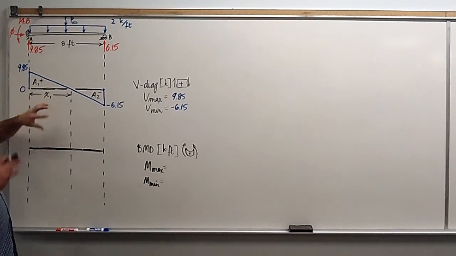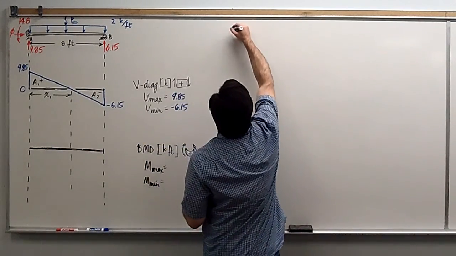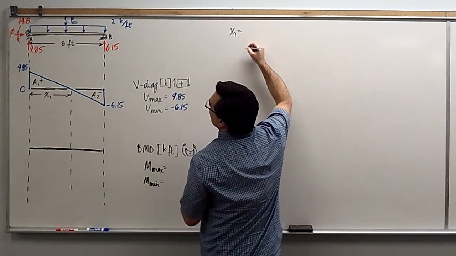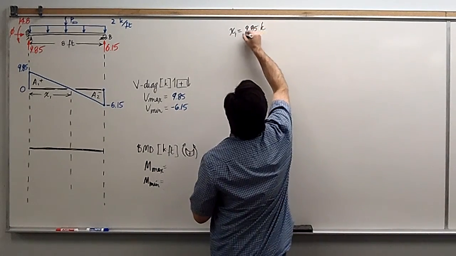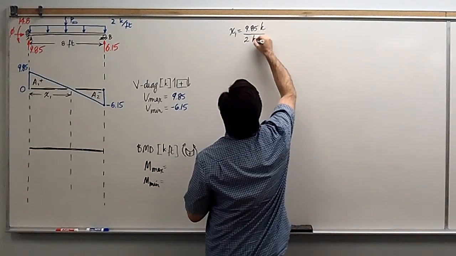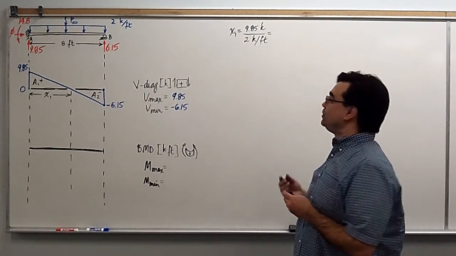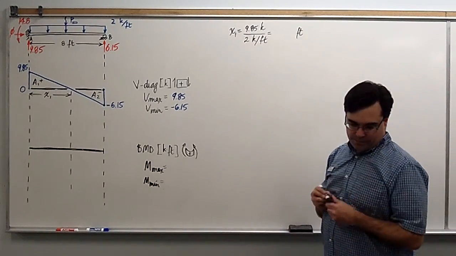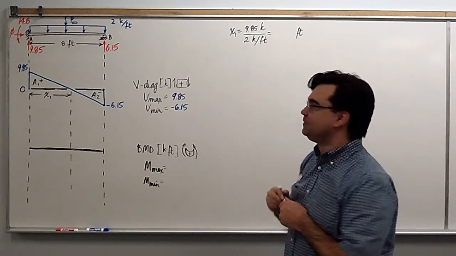If we do rise over run and rearrange it, we can get that value there, which is the run. So let me write it over here. x1 is equal to 9.85 kip divided by 2 kip per foot. When you divide those two numbers, that answer is going to be in feet. And that value is 4.925 feet.